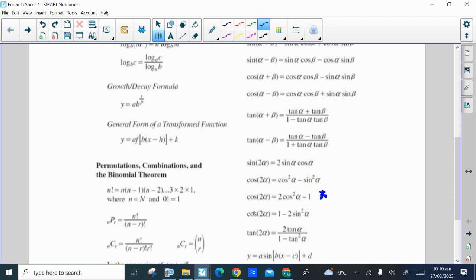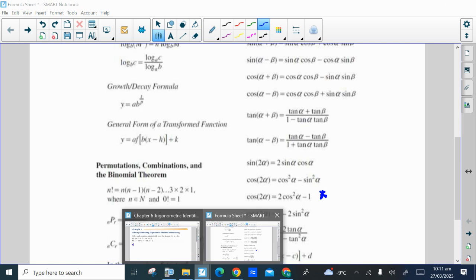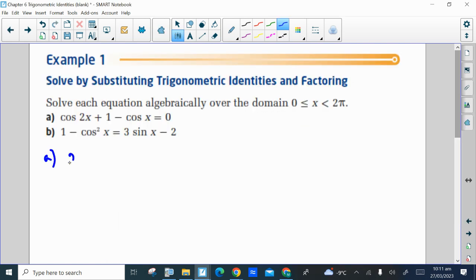The last one only uses sine, not cosine at all, so we don't want to use that one either. We want to use the one that only involves cosine, and that is that cos 2 theta equals 2 cos squared theta minus 1. In this case, it would be 2 cos squared x minus 1. And then you got the plus 1, then you have the minus cosine x. So we make the substitution, and that's what we have.